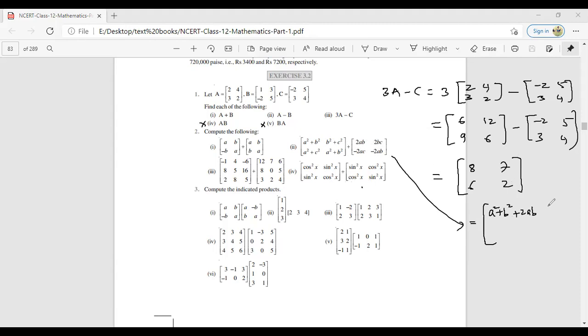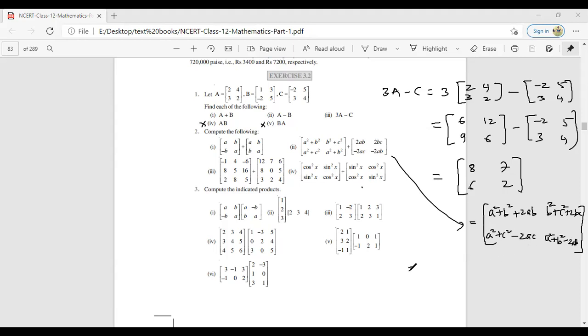Similarly, b square plus c square, the second element of the first row: b square plus c square plus 2bc. Is it visible? a square plus c square minus 2ac, and a square plus b square minus 2ab.